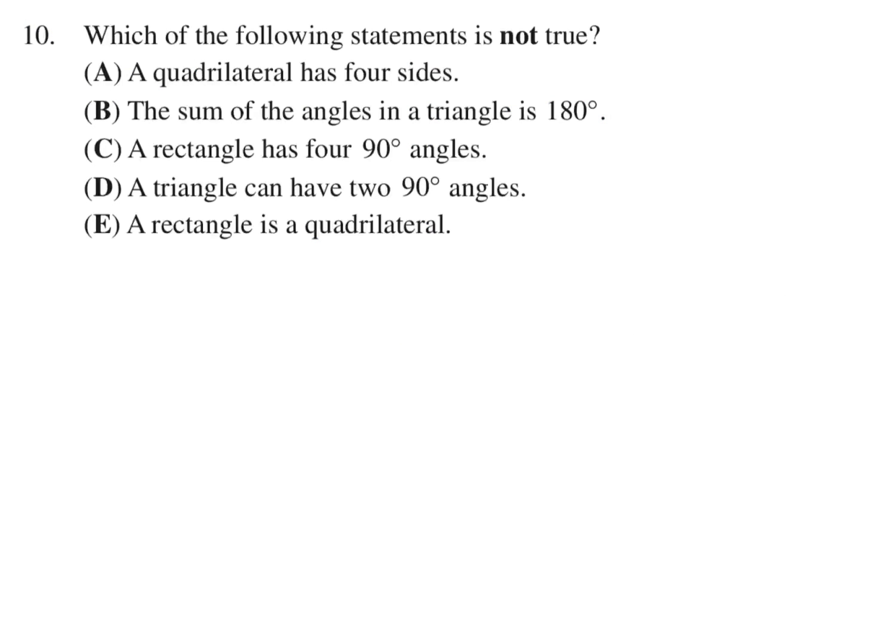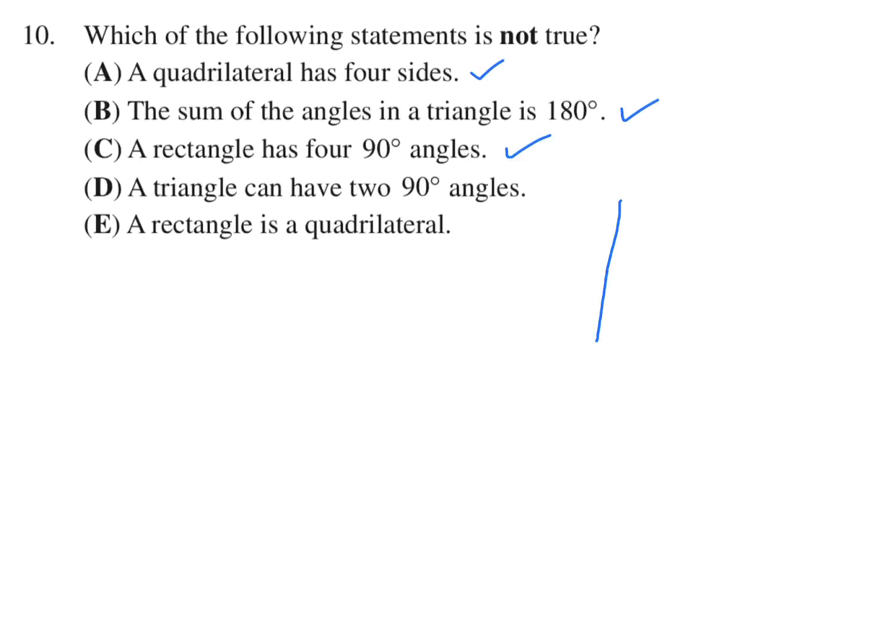Which of the following statements is not true? A quadrilateral has 4 sides. Well, that's true. The sum of the angles in a triangle is 180. That's true. A rectangle has 4 90 degree angles. That's true. A triangle can have 2 90-degree angles.